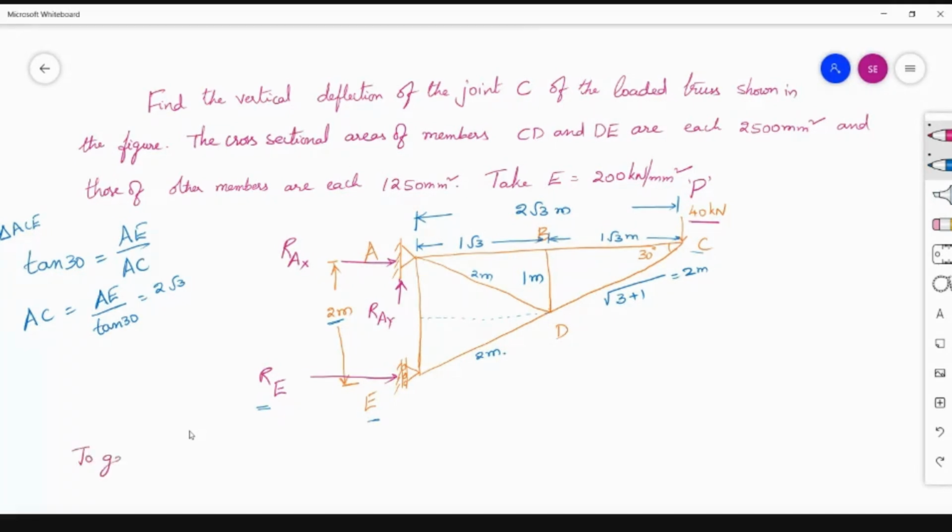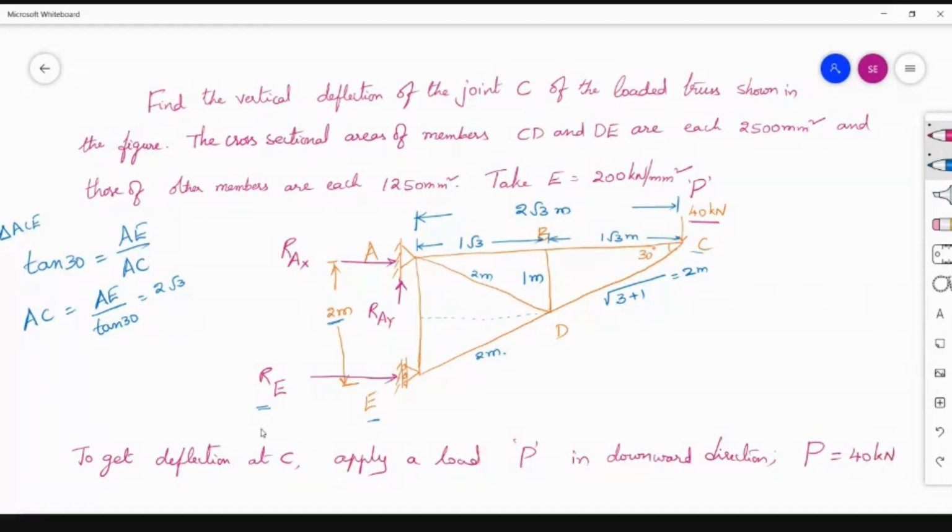To get the deflection at C, apply a load P in the downward direction. So what is the value of P here? Here P is equal to 40 kilonewtons.